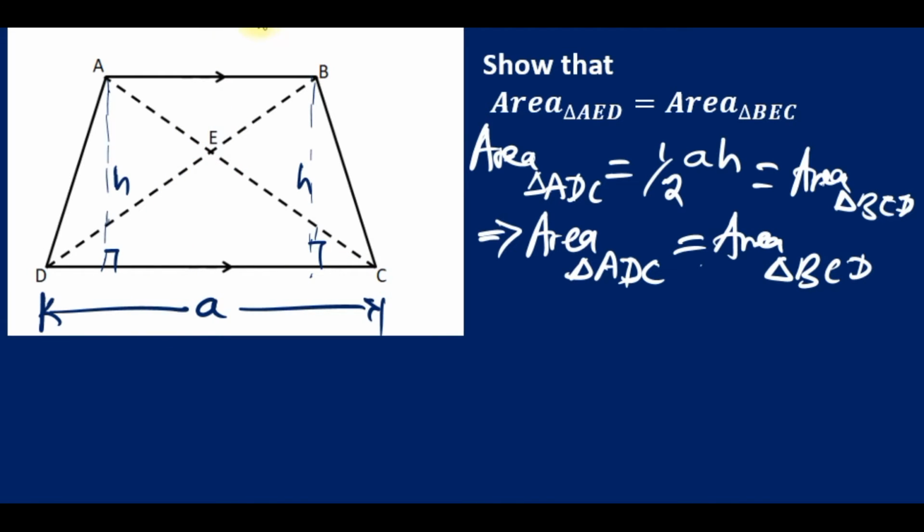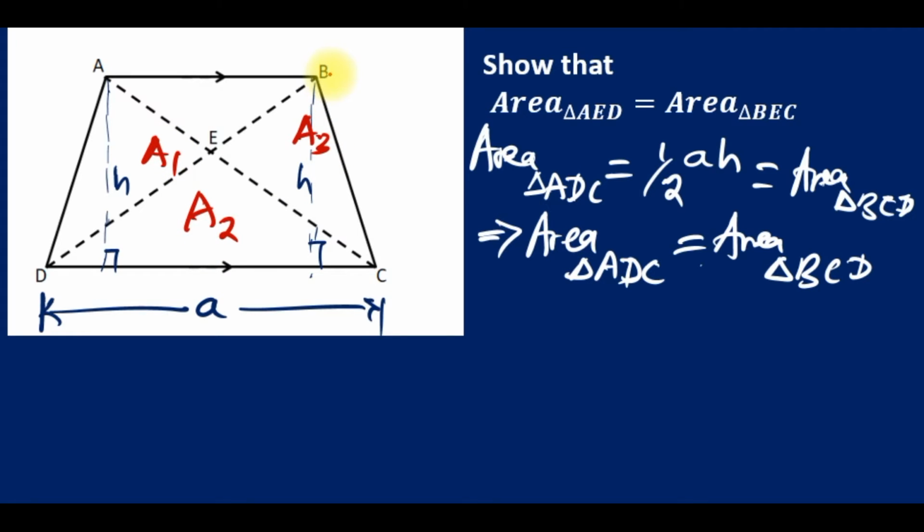So let the area of triangle AED be A1, while the area of DEC be A2. Finally, the area of BEC be A3. You now see that ADC is the same thing as A1 plus A2.